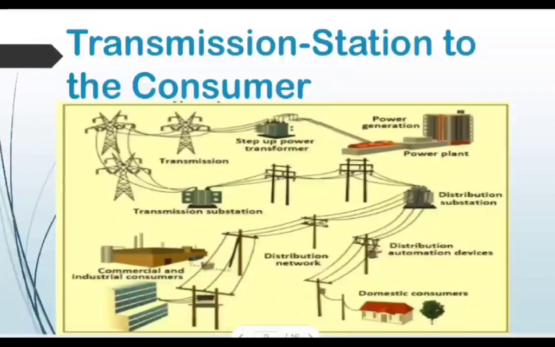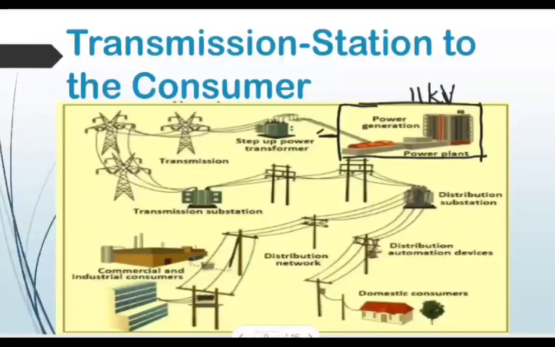So let's start. Children, do you see this? This is the power plant. This is where electricity is generated. And how much is generated? It is around 11 kilovolts of electricity which is generated here.